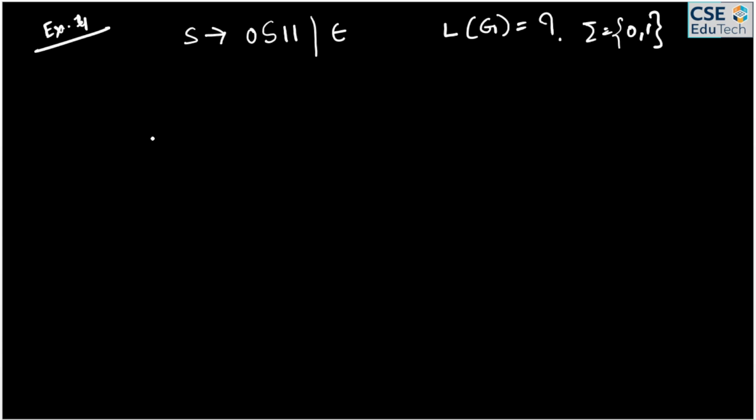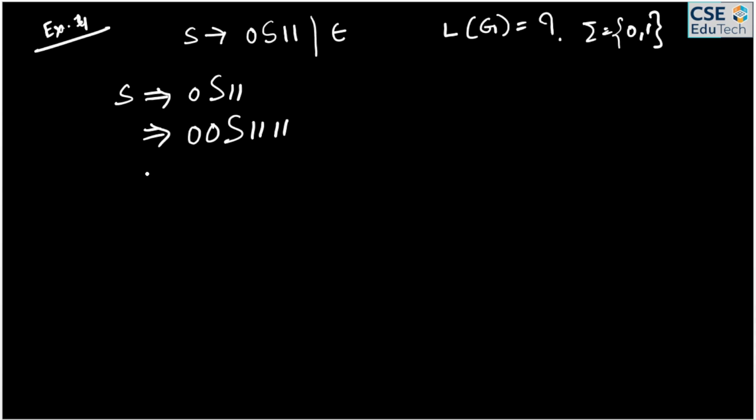So again, S derives epsilon. So the smallest string that will be generated by S is epsilon. Clear? And S derives 0S11, the one step derivation. Now if we put this instead of S, we put 0S11 again, 0011 11, and so on.